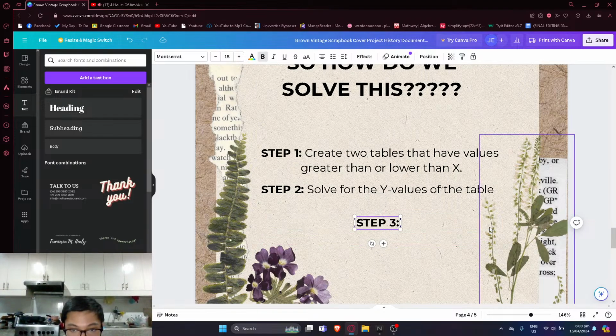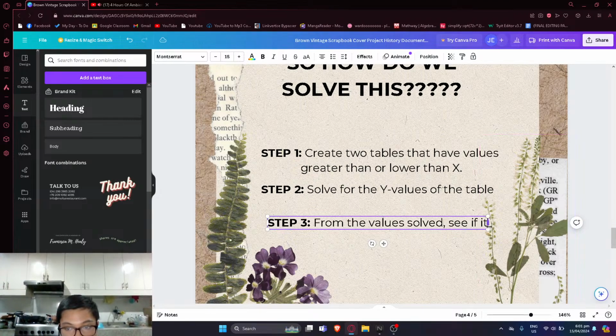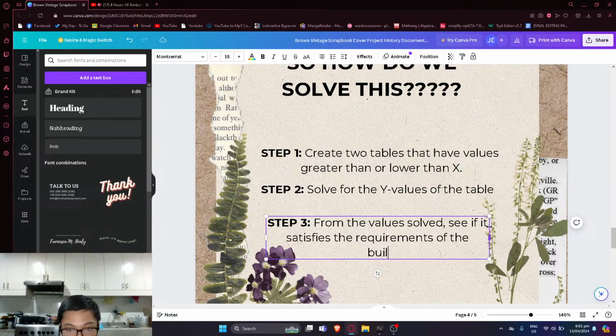Step 3, from the values solve, see if it satisfies the requirements of the given height.